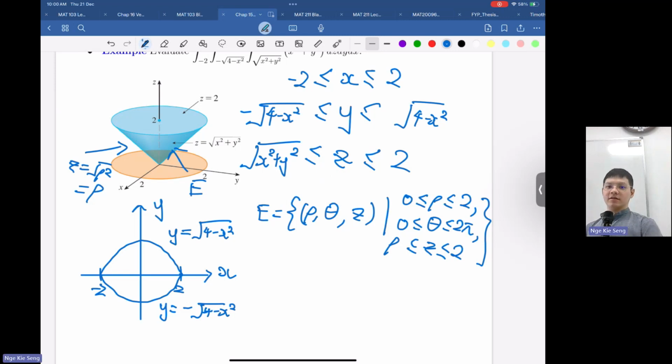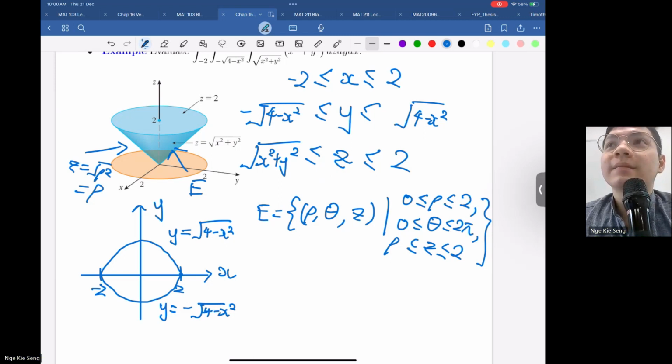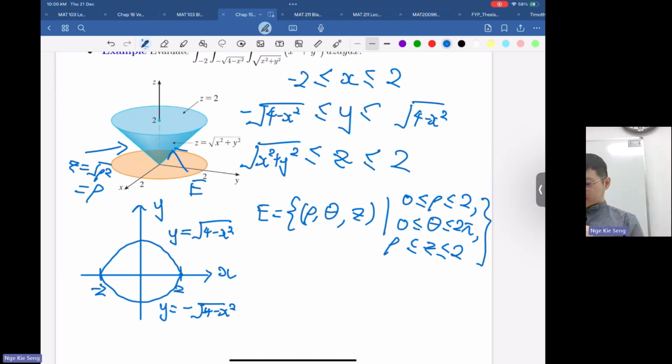Then you can do the triple integral. Can you do this in spherical coordinates or not? We need to describe the plane.